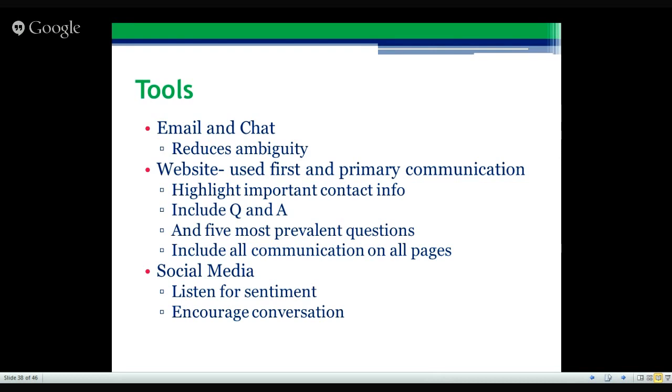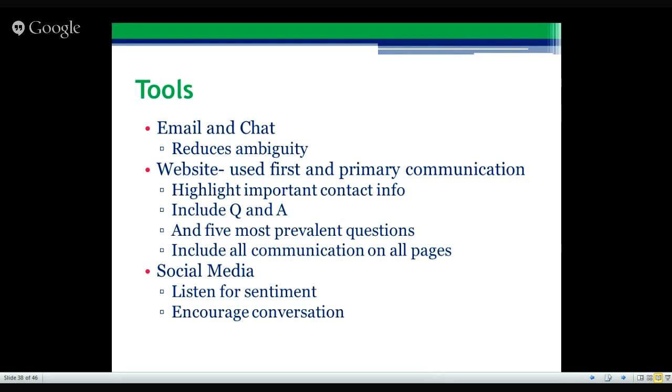Website information: put out, as I said earlier, the question and answer section, find the 5 most prevalent questions and put those out there. Include all the different types of communication on all your pages. Don't just limit it to the first page of your website. Put it on all your pages and highlight the important contact information.